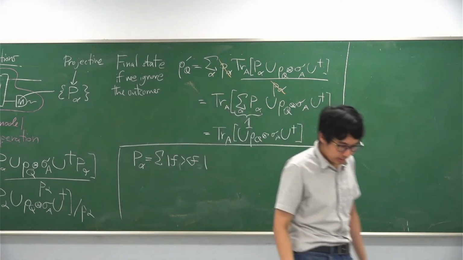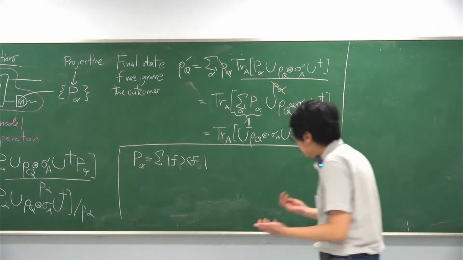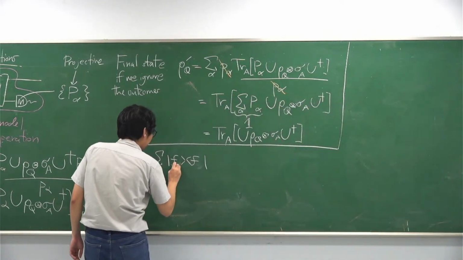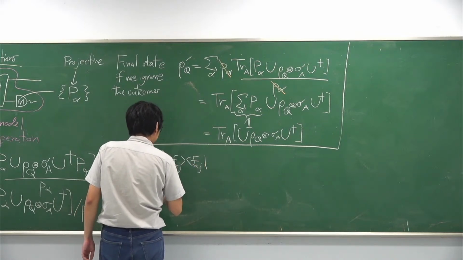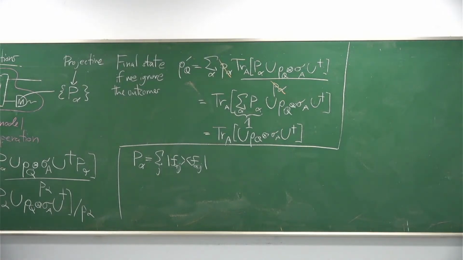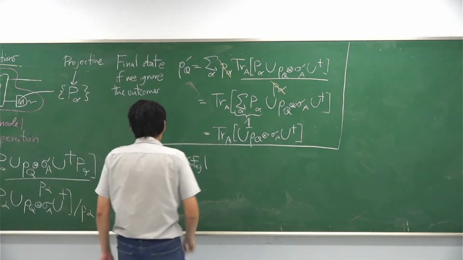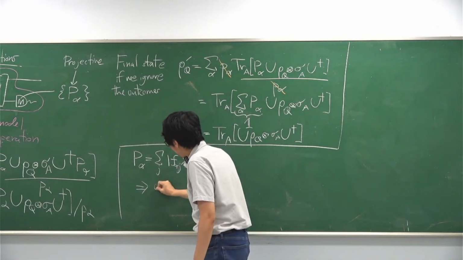Maybe lambda or something. Do it the usual way that we did. J here is the label for the degeneracy, right? So if you do that, now you can do this.